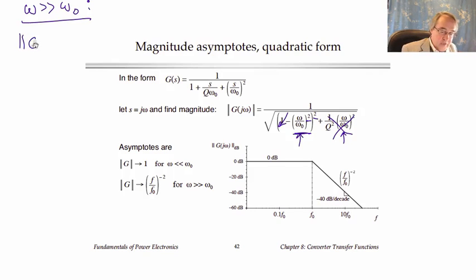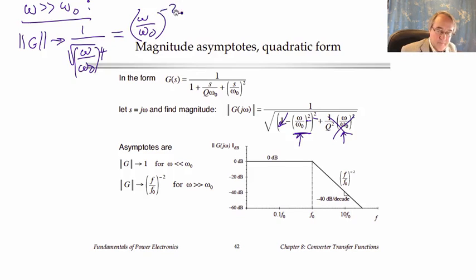So the magnitude of G then will go to 1 over the square root of just this term, omega over omega naught to the 4th power, which is omega over omega naught to the minus 2 power. Or in terms of F, we can write it as F over F naught to the minus 2 power.